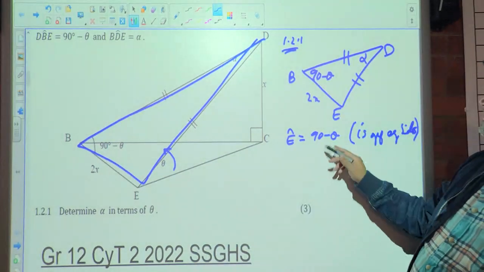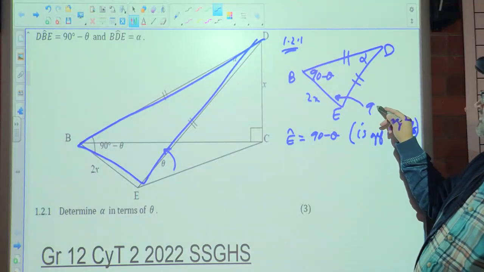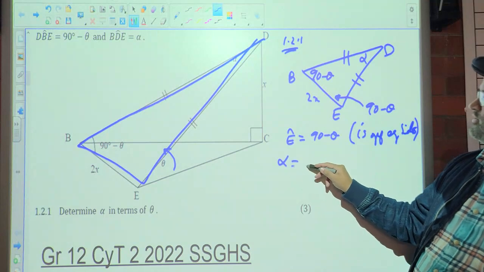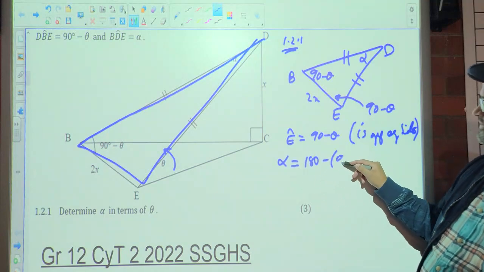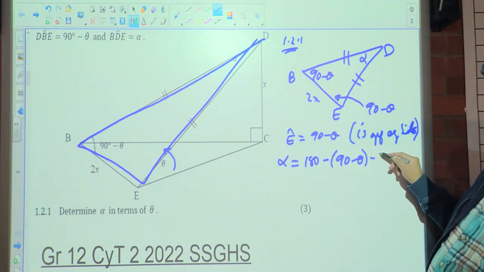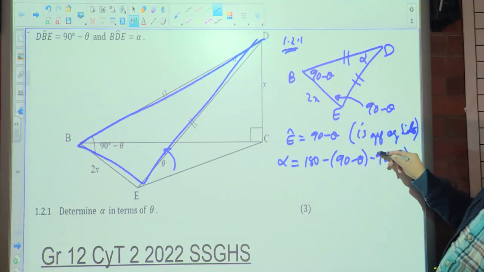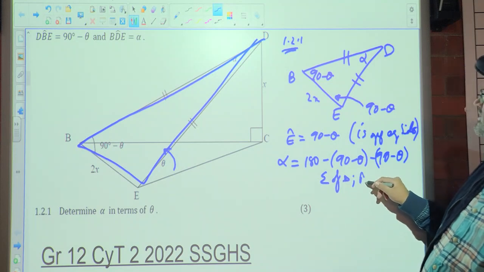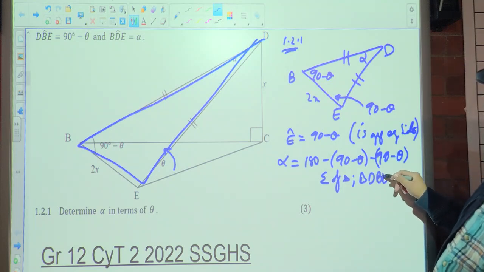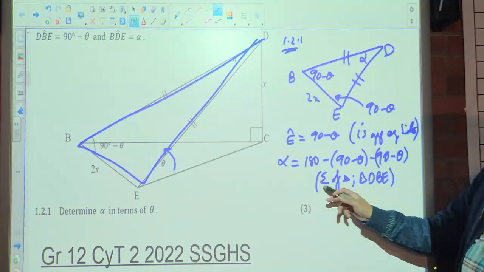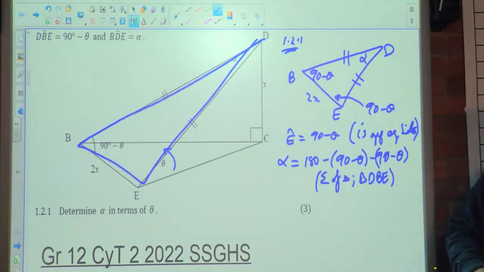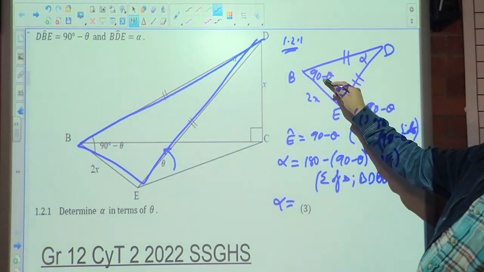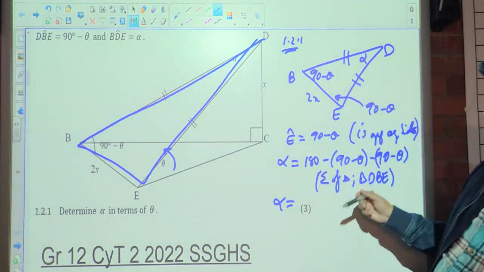So if this is also 90 minus theta, therefore alpha is equal to 180 minus (90 minus theta) minus (90 minus theta). And why is this the case? Sum of angles in a triangle, triangle DBE. Again, you don't need this reason. Or you could have said alpha plus 90 minus theta plus 90 minus theta is 180.